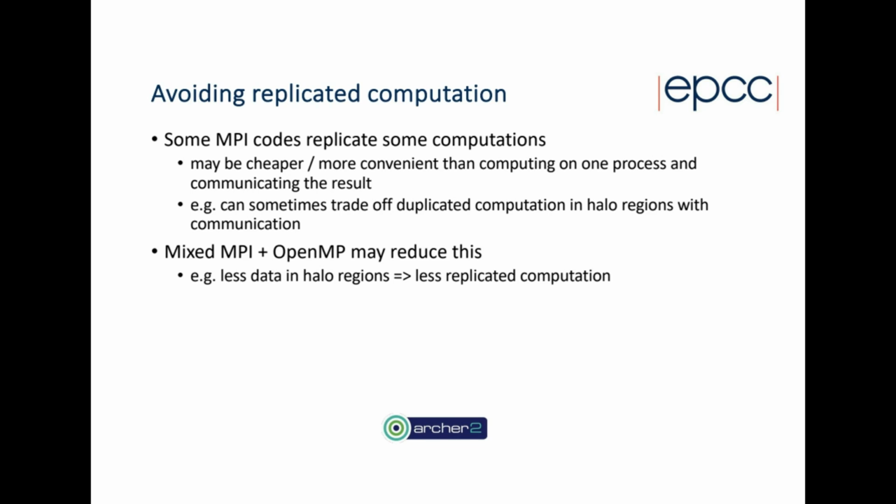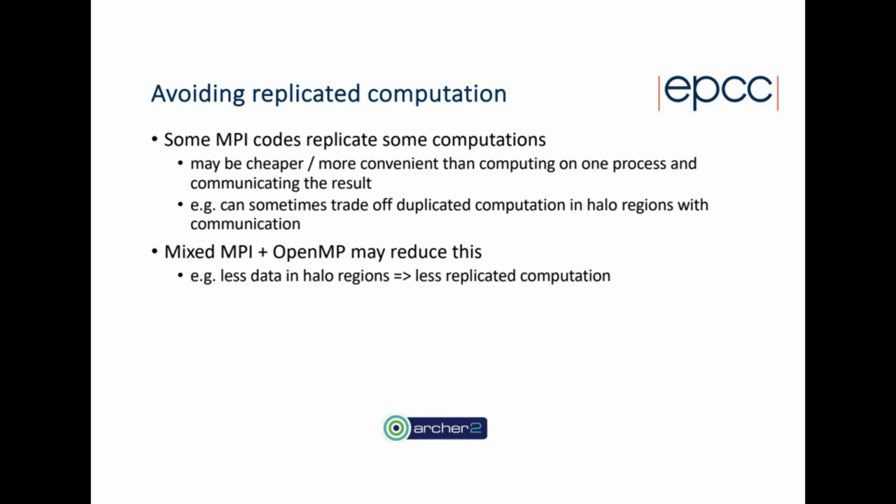You can exchange deeper halos: if you exchange a 2-deep halo, you do it every 2 time steps. So you reduce your communication frequency, but that means you have to replicate some computation on the intermediate time step in the halo regions between the neighboring processes. So that's one scenario where this happens.